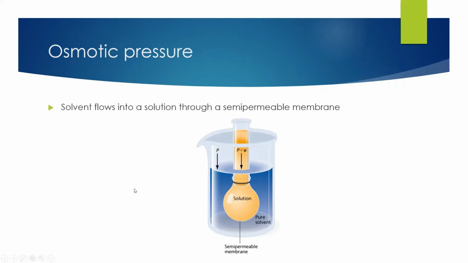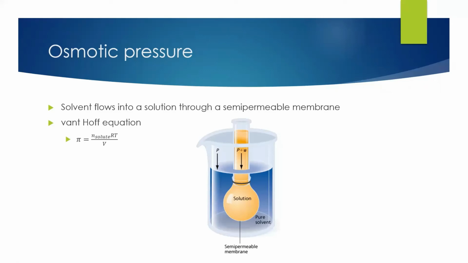We can describe this using the Van't Hoff equation, and this actually looks pretty similar to PV equals nRT. We have P, now the osmotic pressure is equal to the moles of solute times RT over V. For seawater with a 1.1 molar NaCl, which is approximately the salt concentration of salt water, the osmotic pressure we can calculate using this equation and get it to be 27.2 or so bar.